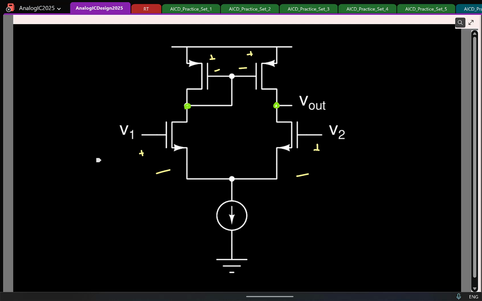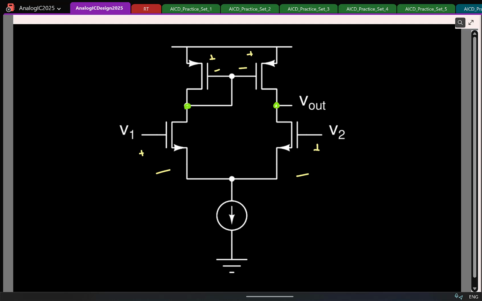Yeah, same. So how can you argue that they are same? You can assume that I say one voltage is greater than the other. Then you will find, let's say, drain voltage for NMOS transistor here is greater, so this current should be greater. Whereas for the PMOS, it will show that this current should be smaller. You will have a contradiction, which means the only logical possibility is for this to be equal.